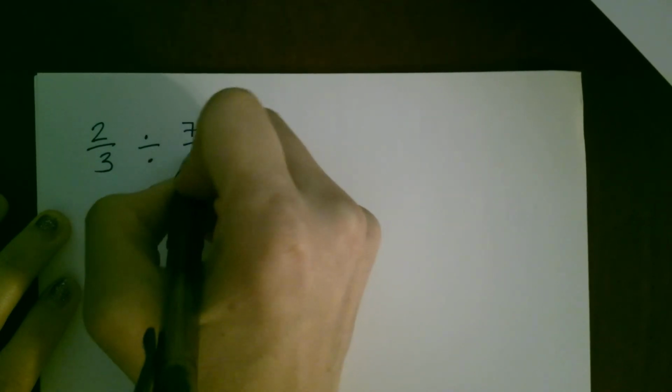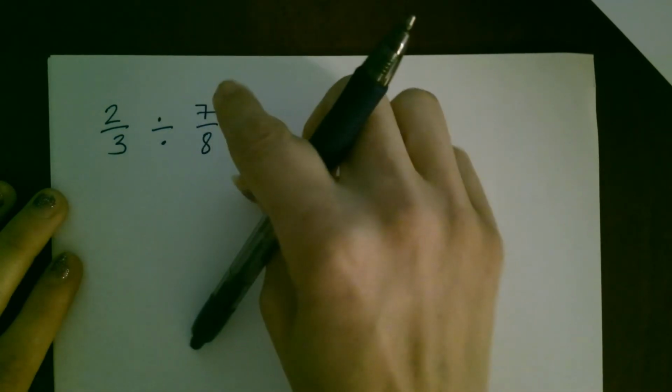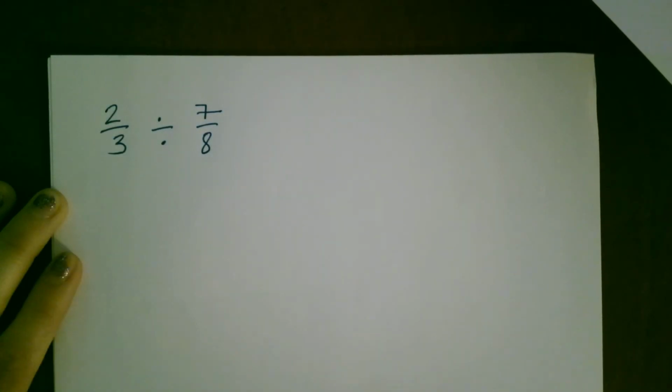So the algorithm tells us to take the second fraction and take the reciprocal of it and then multiply using the regular algorithm for multiplying fractions. So if I have 2/3 divided by, I don't know, 7/8, then the algorithm tells me to take the second fraction, take the reciprocal, which means to flip it over, and multiply straight across using just the regular fraction algorithm.